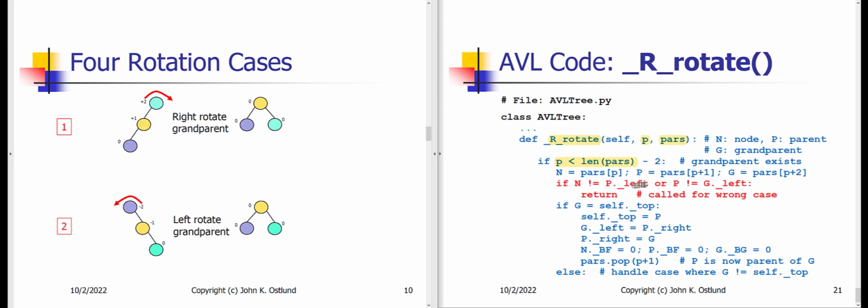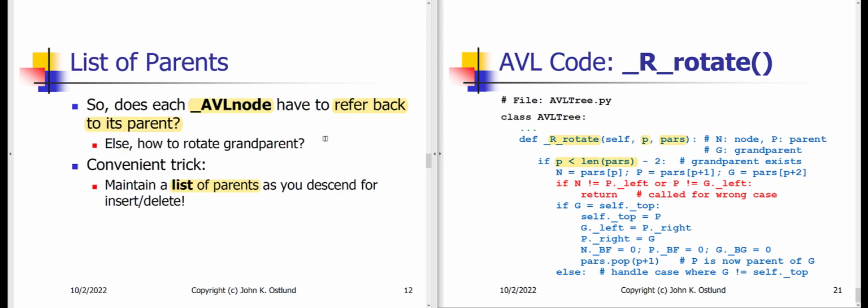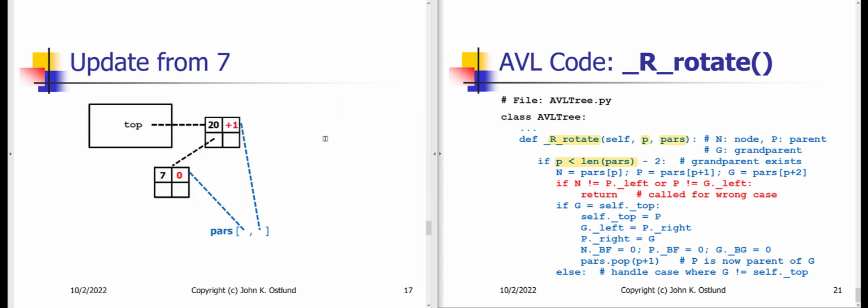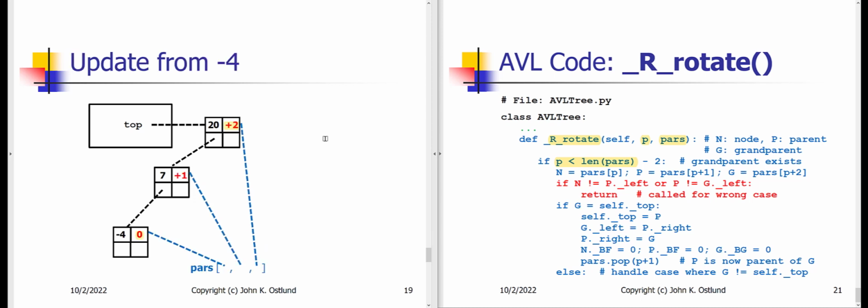If n is not P's left or P is not G's left, we're going to bail out because we have been called incorrectly. But in this case, n is the left child of P, and P in turn is the left child of G, so we're ready to do our rotation.